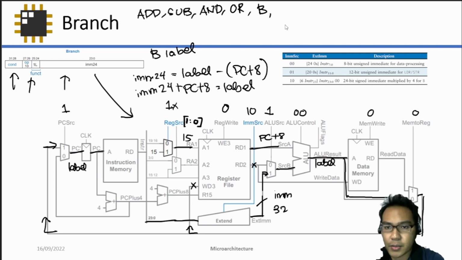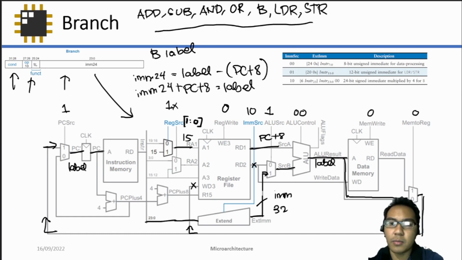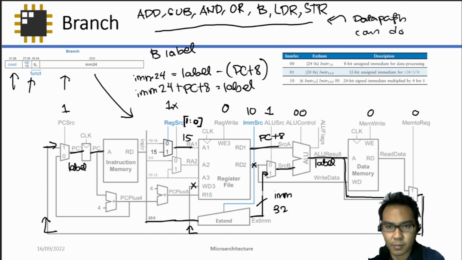Branch and link doesn't quite work because we don't have access to the return address yet. What else? Oh, LDR and STR. So these instructions are what this data path can do. So the data path can do those 7 instructions at the moment.